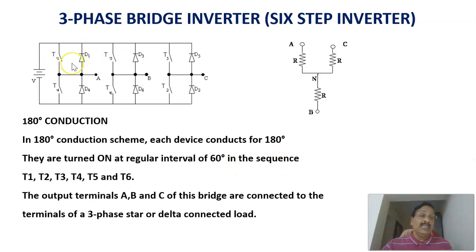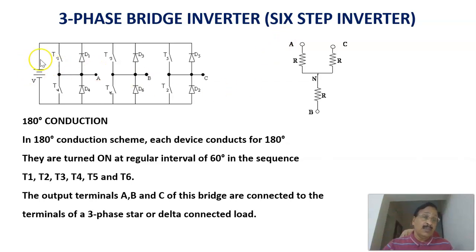Therefore, T1 is fired, then after 60 degrees T2, then T3, T4, T5, and T6, and then again T1. Each device is conducting for 180 degrees. This is the sequence in which the switches are turned on, and the output terminals are A, B, C. Output terminals A, B, C of the bridge are connected to the terminals of a 3-phase star or delta connected load.